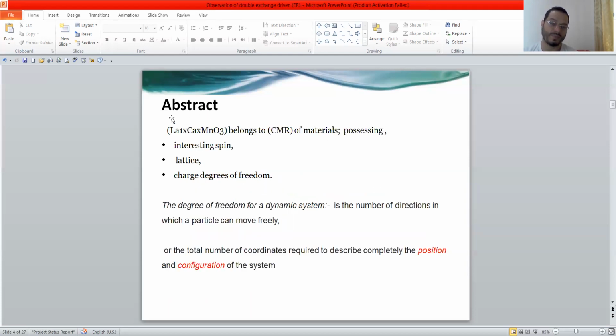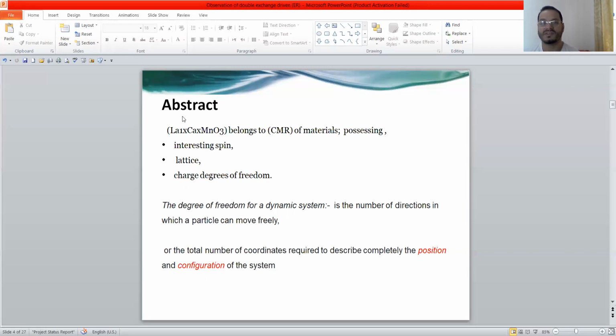Here, by using the parent or the general structure, this belongs to the colossal magnetic resistance of materials, possessing interesting spin, lattice, charge degrees of freedom.